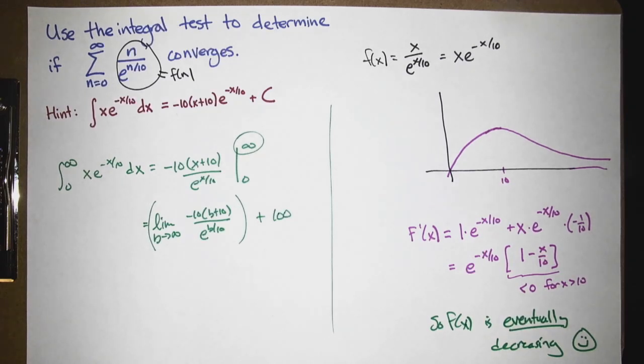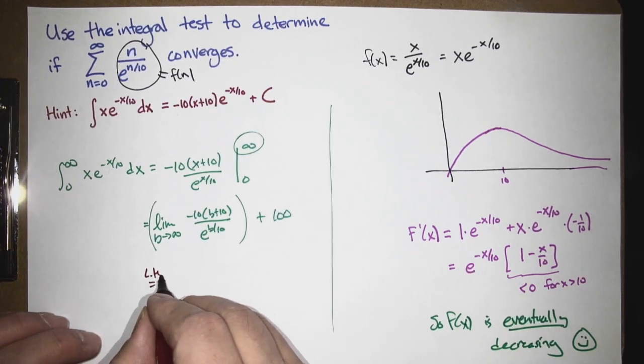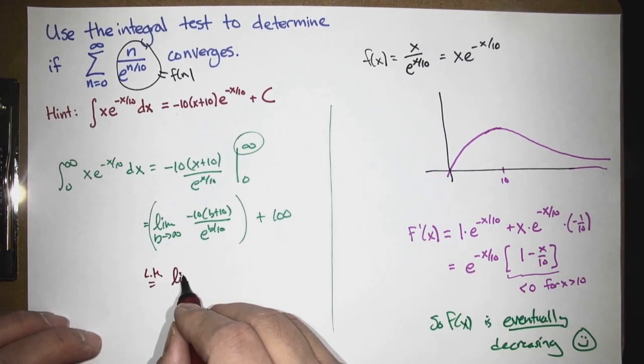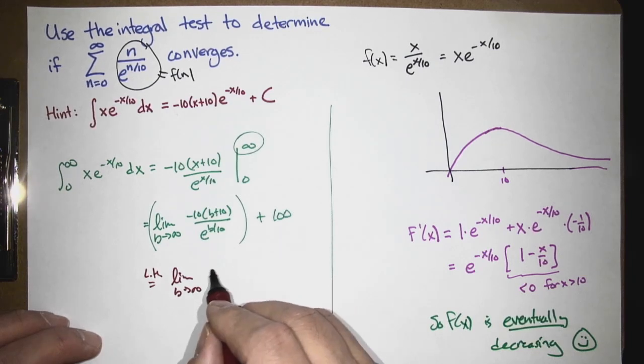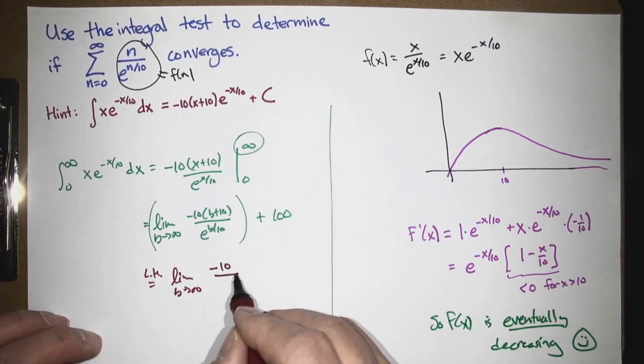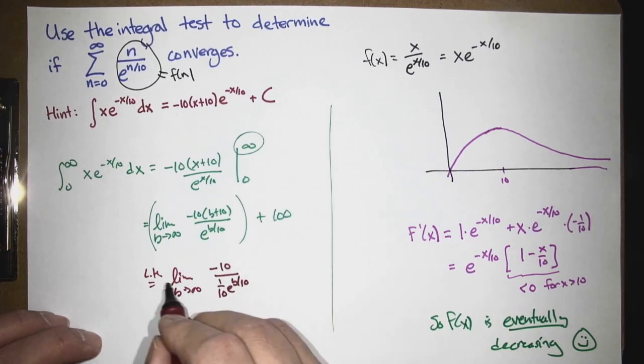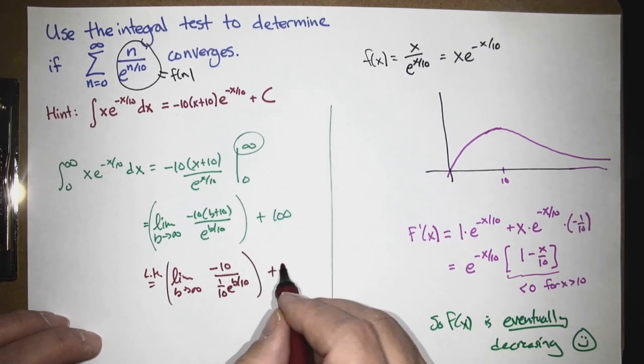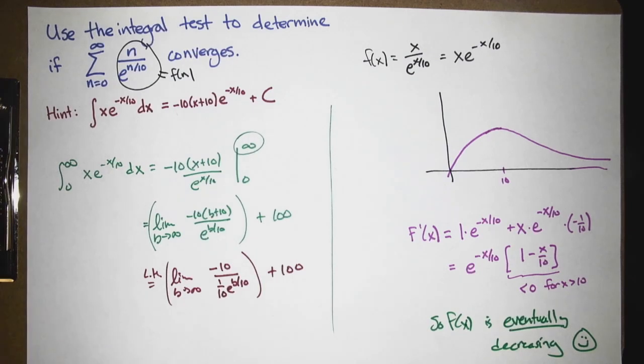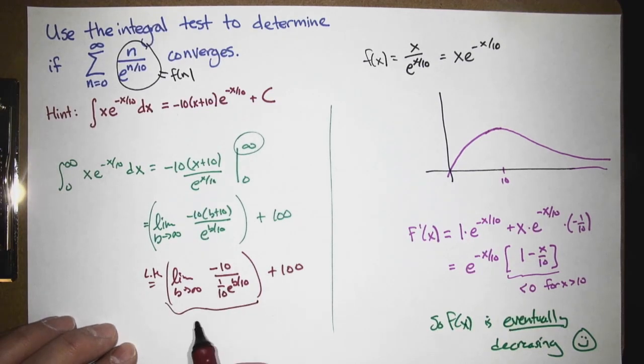All right, so we're saying, oh, l'hôpital, mon ami. It's been too long. So we take the derivative. And upstairs we get minus 10. Downstairs we get 1/10 e to the b over 10. Okay, so that's l'hôpital. And where does that limit go to? Doesn't go to infinity over infinity, so that's good news for us.